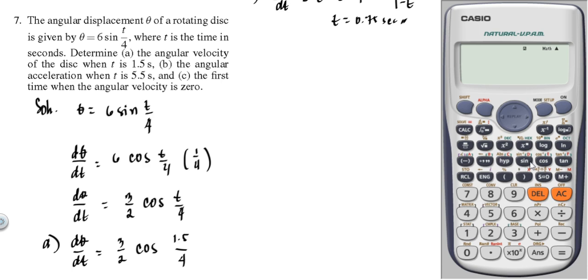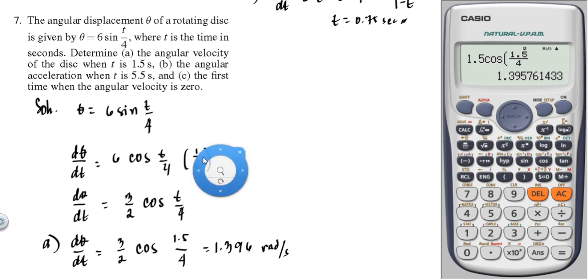So we have 3 halves times the cosine of 1.5 over 4. Press equals. So we have 1.3396 radians per second. That is the answer to A.